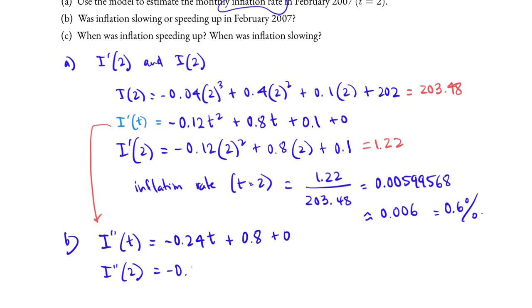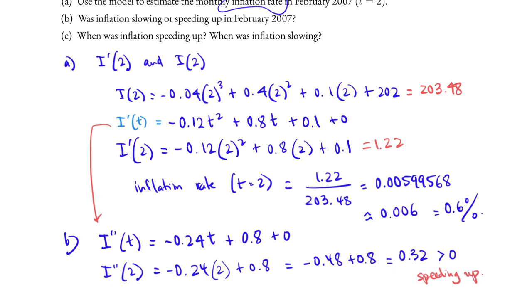This is -0.24 times 2 plus 0.8, or -0.48 plus 0.8, which gives us 0.32. This number is positive, which means that the inflation is speeding up because the consumer price index is accelerating.